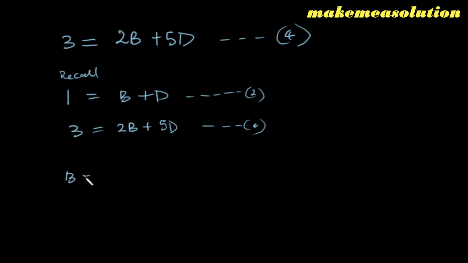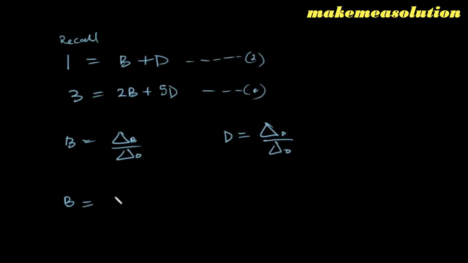So b is equal to delta b over delta naught. I hope you are going to appreciate this method, and d is equal to delta d over delta naught. Now, how do I get my delta b? Delta b is very easy to get.